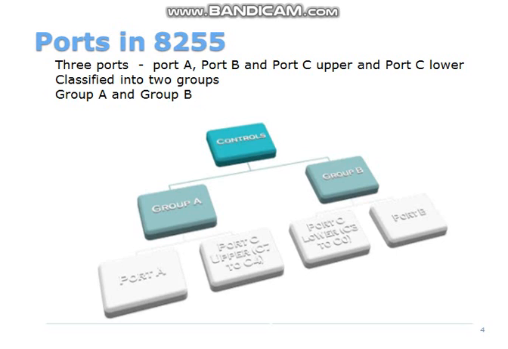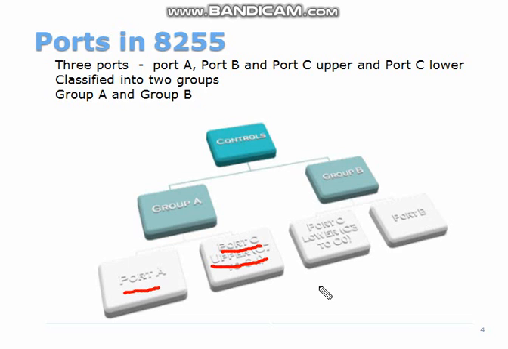With this pin diagram, I have said that totally 3 ports are available: port A, port B and port C. Now these three ports are classified into 2 groups, group A and group B. Group A consists of port A and port C upper. Upper means the 4 upper bits of data. Similarly, group B consists of port B and port C lower.